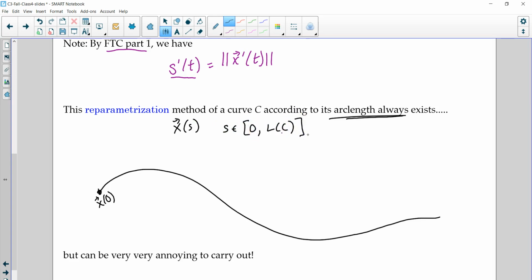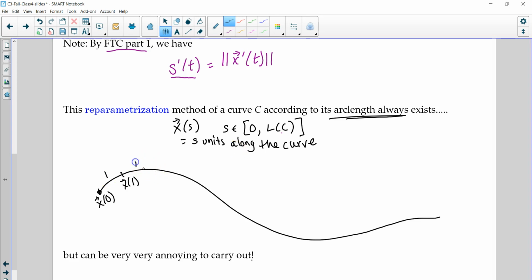This is really just s units along the curve if we think about it conceptually. So then this would be x of 1, and that would be one unit along the curve.